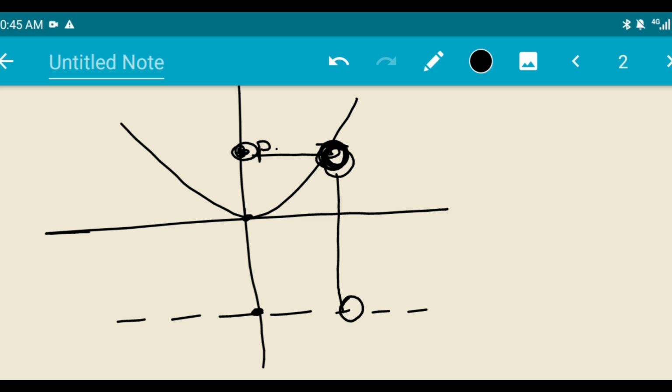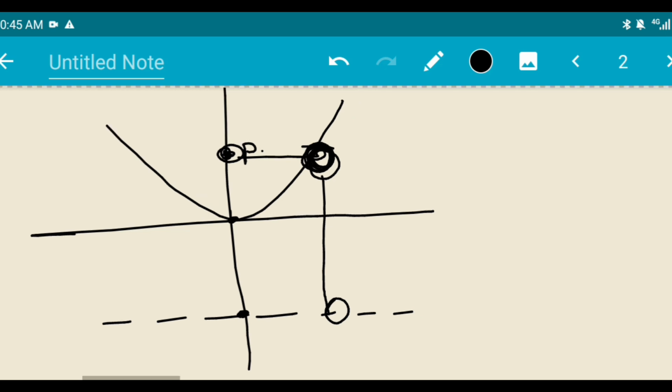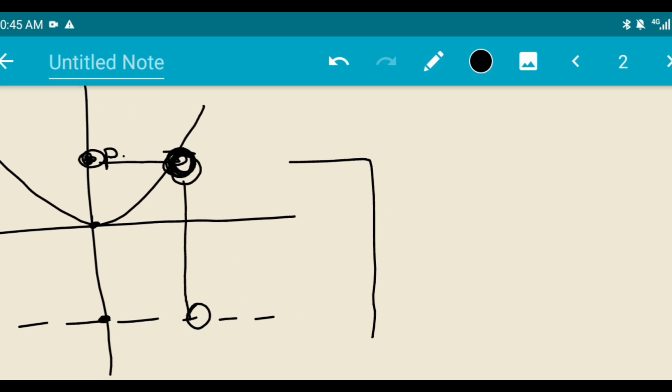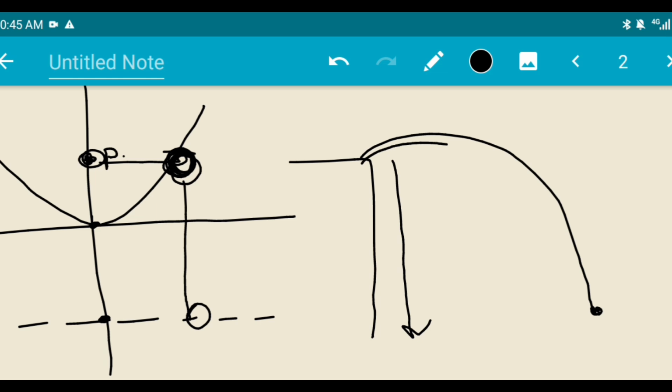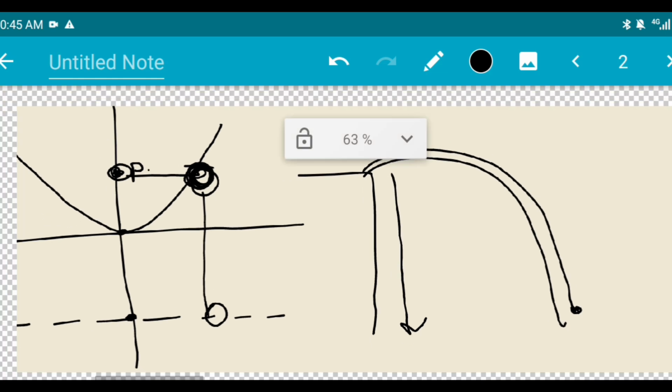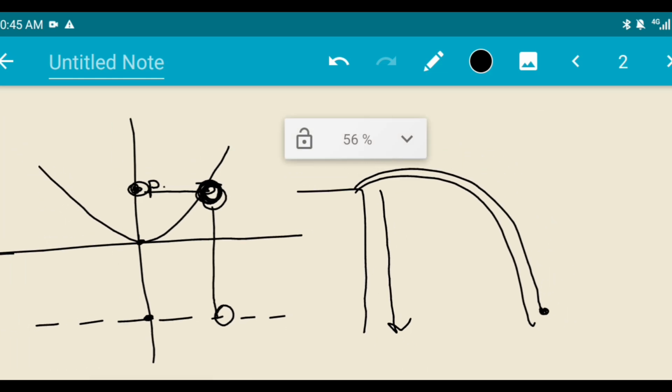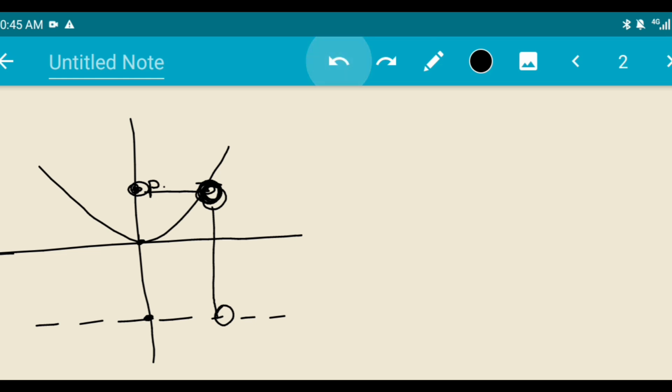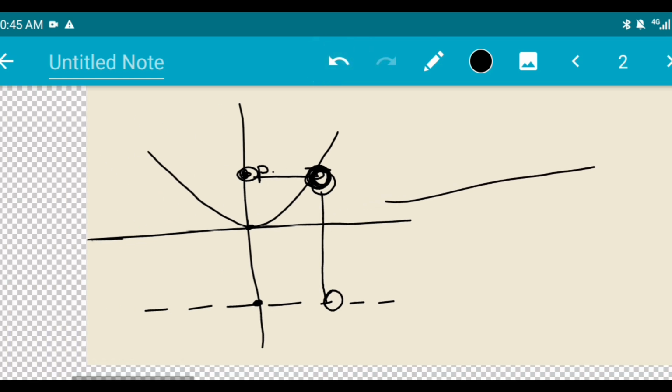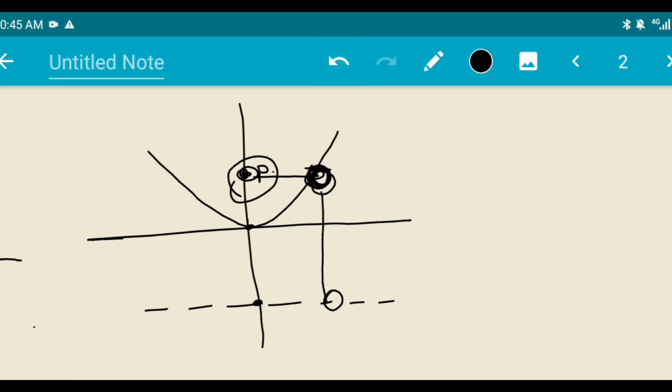I know this sounds like physics, with projectile motion, where someone throws a ball and someone drops one, and the time is the same. It looks hard to believe, but that's actually the case. The distance from here to here is the same as from here to here.